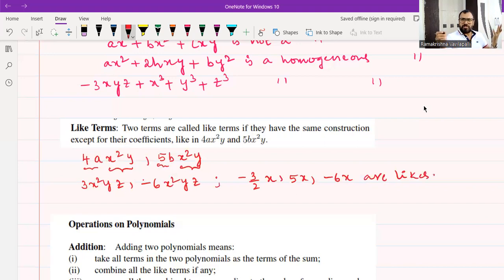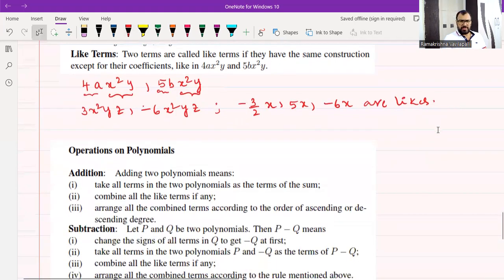Well, so now we came to know what is meant by like terms. They must have the same construction except for the coefficients. So what is the use of these like terms? When we want to add two polynomials or subtract two polynomials, we must use the technique of like terms.